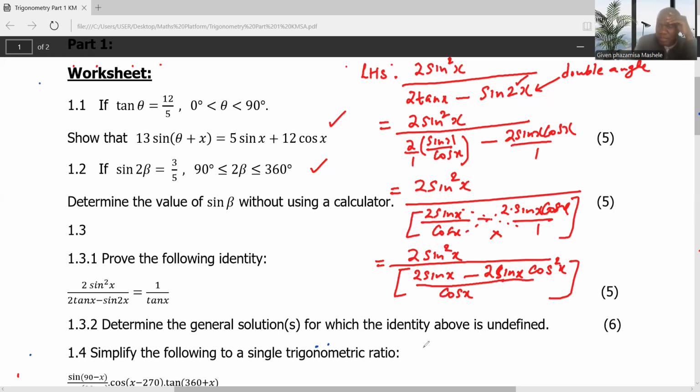If we simplify, this is the same as 2 sine squared x divided by this expression. What is the common factor in the numerator? It is 2 sine x. If I pull out 2 sine x, I remain with 1 minus cos squared x, divided by cos x.